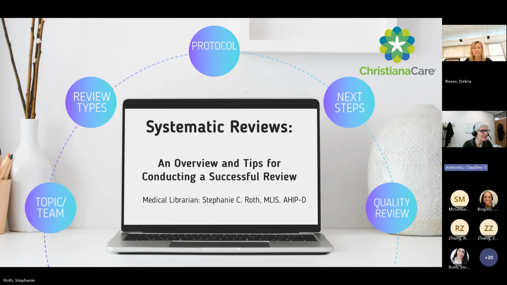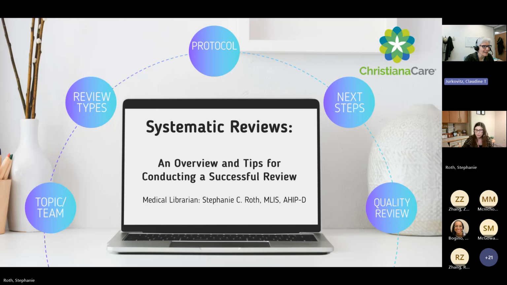So again, I'm delighted to have Dr. Stephanie Roth from ChristianaCare Libraries giving us a talk about how to conduct a systematic review. Stephanie is currently medical librarian at ChristianaCare, where she manages the literature search service, and she developed a new systematic review service.